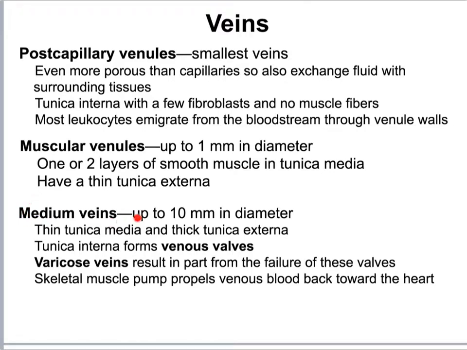These medium veins are where you're going to have venous valves. Breakdown of those valves can result in varicose veins, pooling of blood in the veins of the lower extremities. These are also the veins that are going to take advantage of the skeletal muscle pump to propel venous blood back towards the heart.